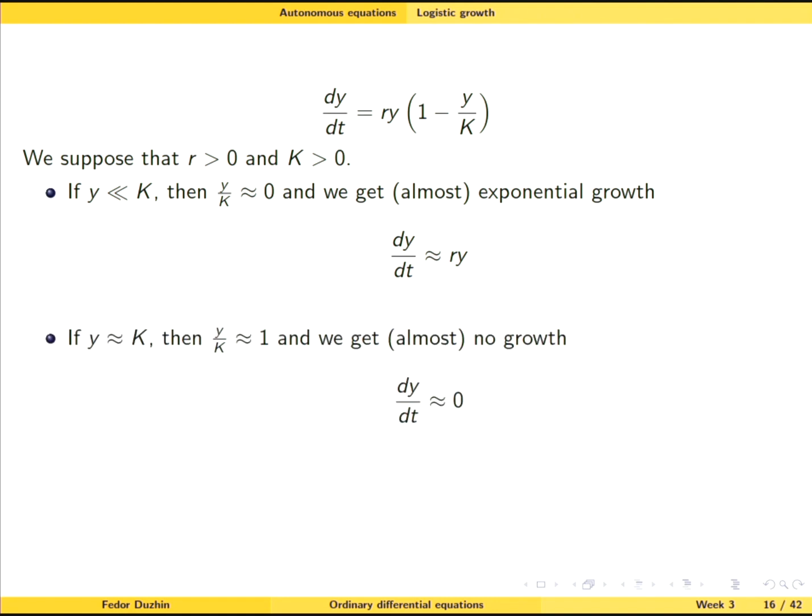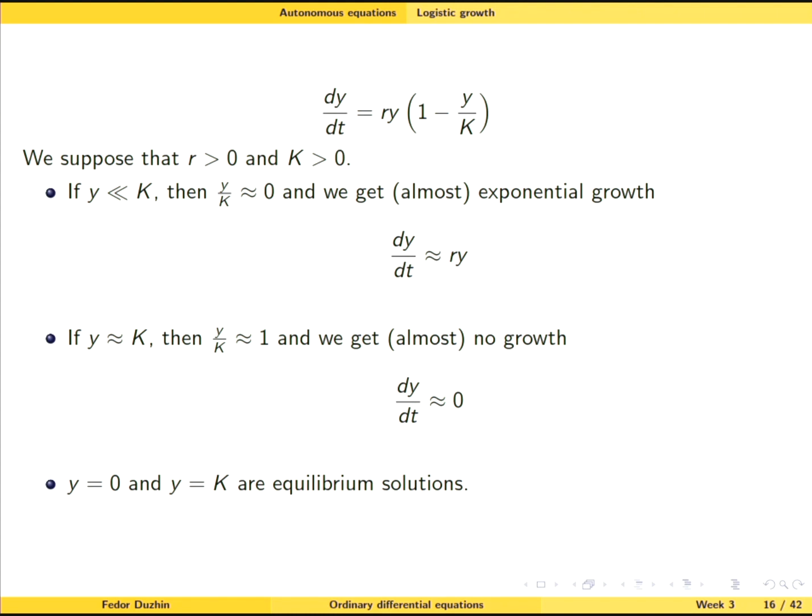But if Y is growing, then eventually it's going to approach K, and then Y over K is going to be almost 1, and then dy/dt is going to be almost 0, and then we get no growth. No growth means that the population becomes constant and it stabilizes.